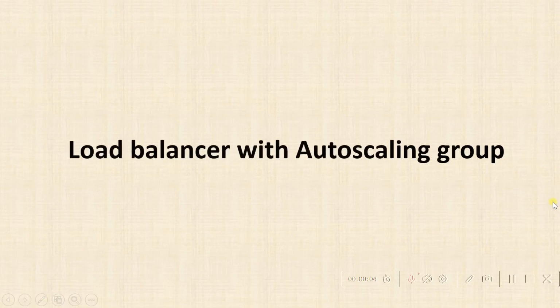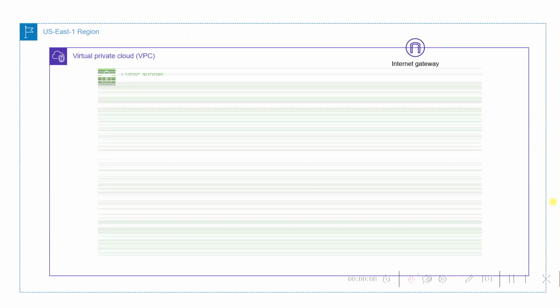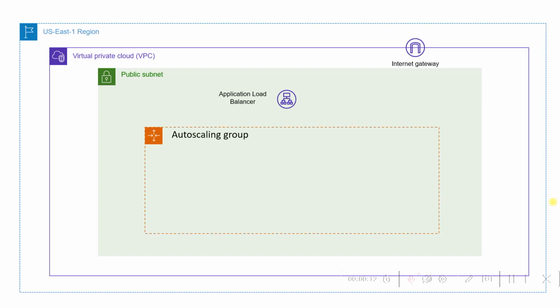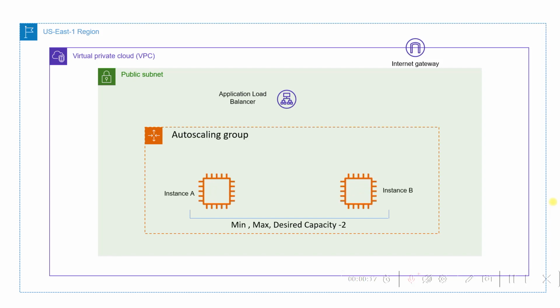So finally we have successfully completed this lab. In this lab, we have created a VPC with an internet gateway and created public subnets, an application load balancer, and we used an auto-scaling group with min, max, desired capacity as 2. So we got 2 instances launched, and we were able to access those instances using the application load balancer.